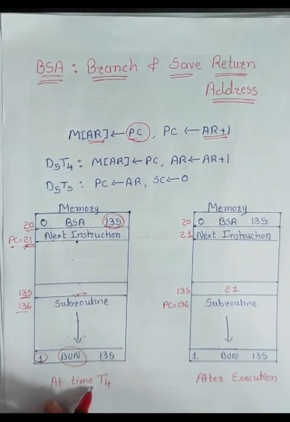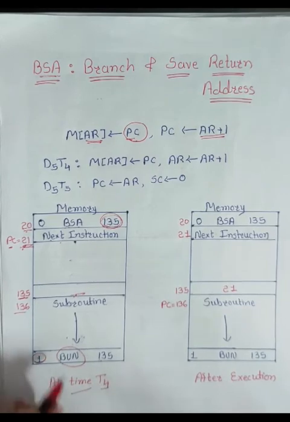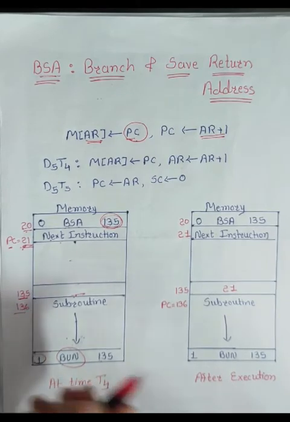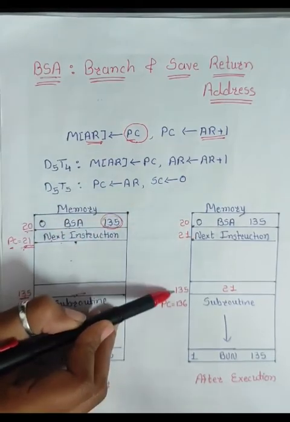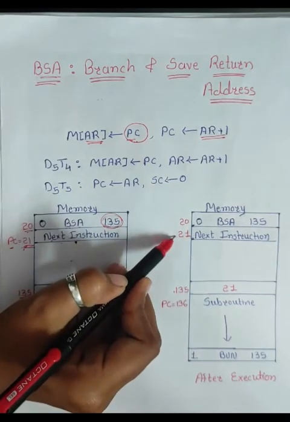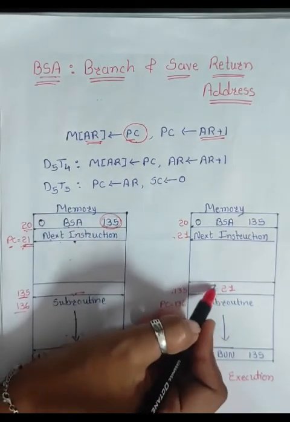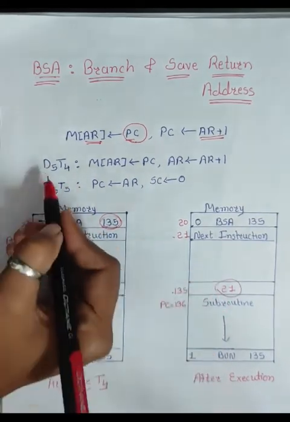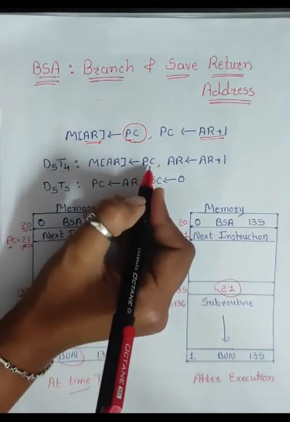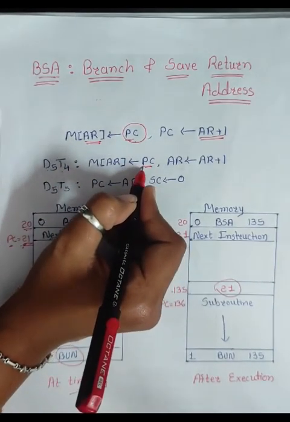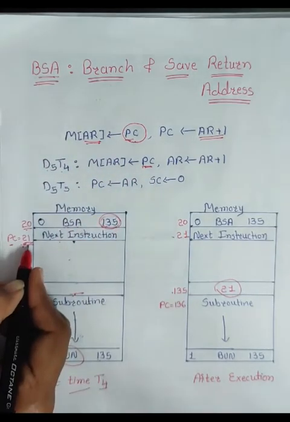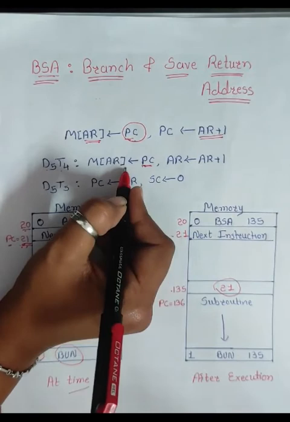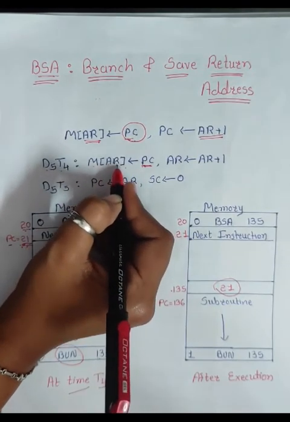This is at the time of timing signal T4. After execution, at location 135 it will store the return address, 21. So what is D5 T4? Whatever data is available in the program counter, here 21, is transferred to the memory location addressed by the address register.